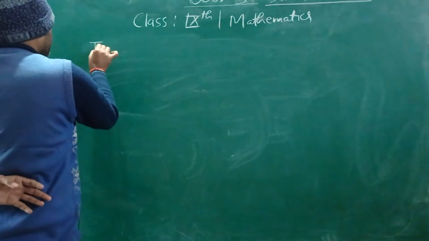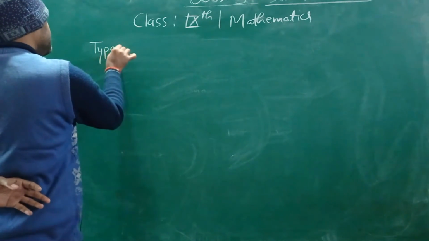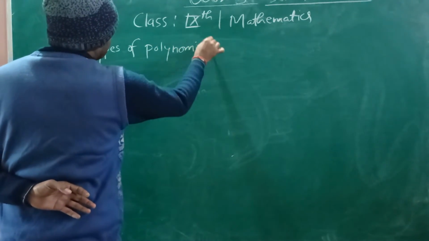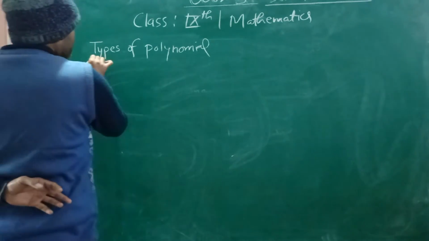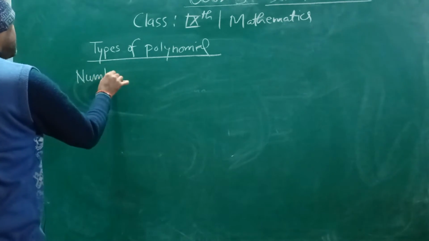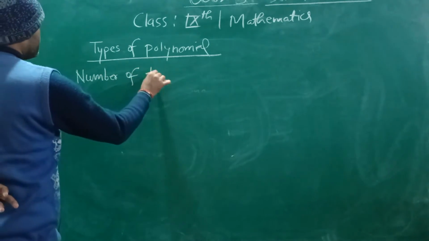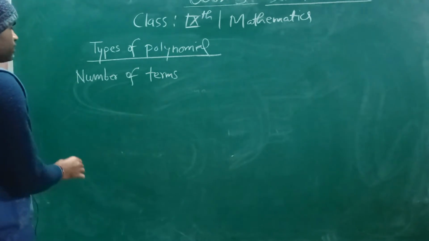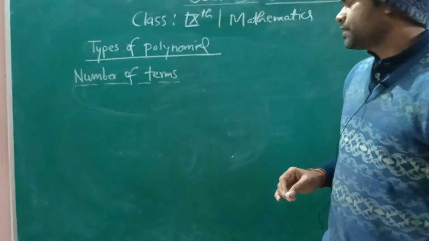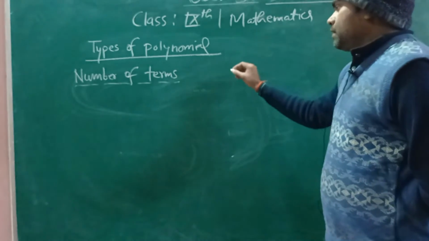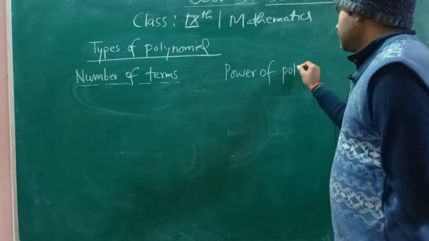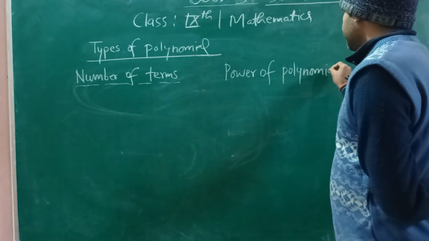If we talk about types of polynomials, there are two bases. The first basis is the number of terms, and the second basis is the power of the polynomial.